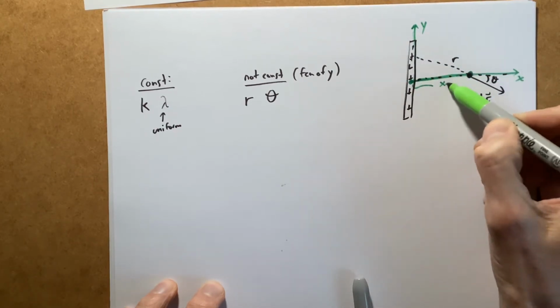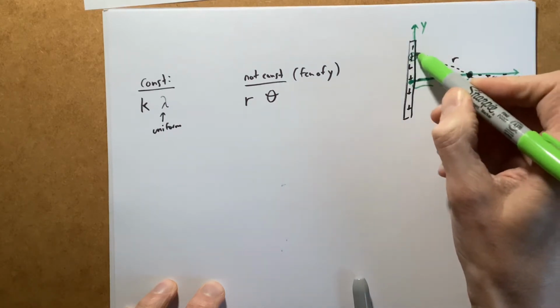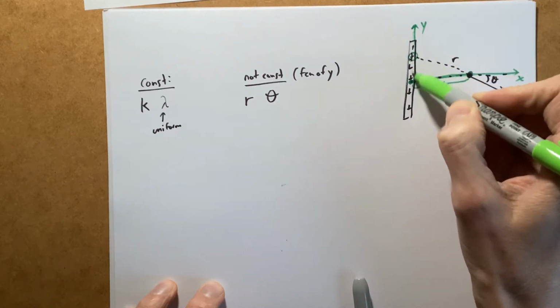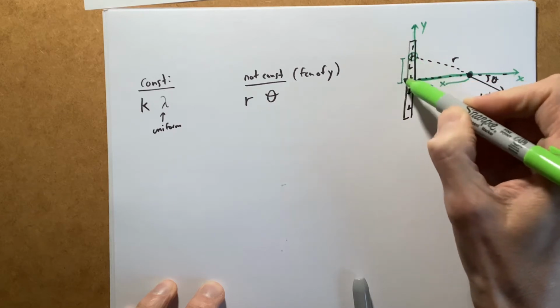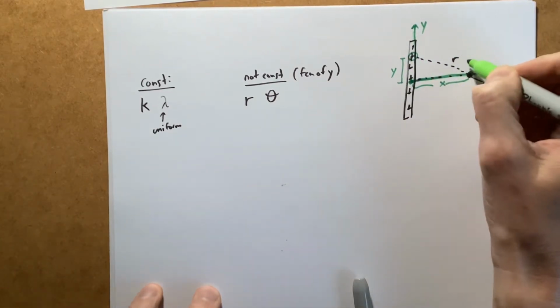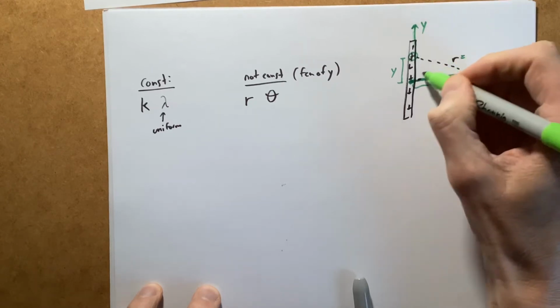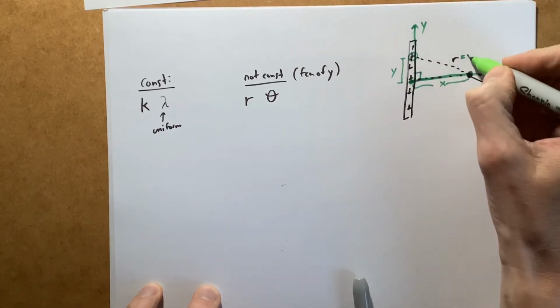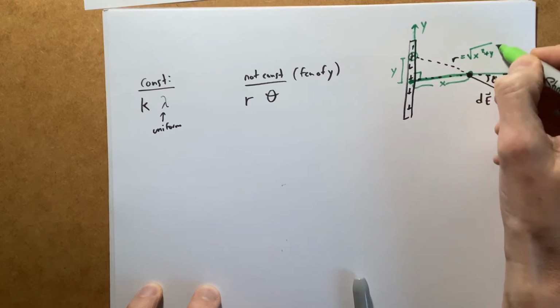This is x. And the distance from the perpendicular bisector to the DQ in question, well, that's just a y coordinate. So we can just use Pythagorean theorem here. This is a right triangle after all.